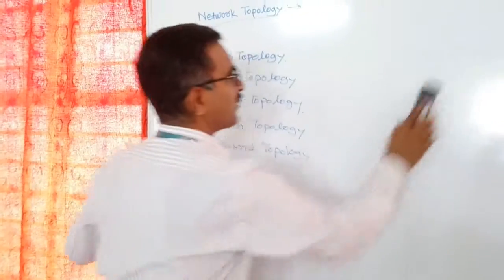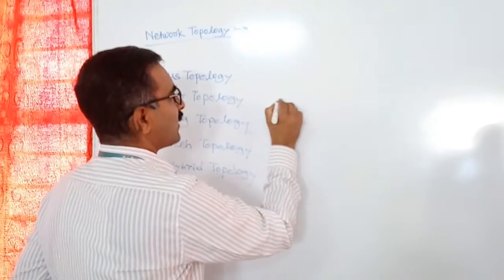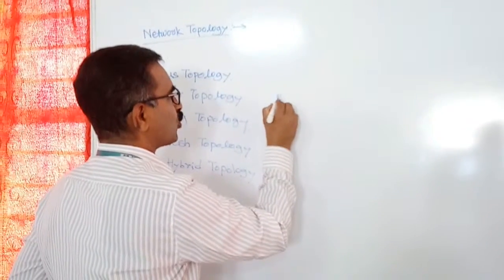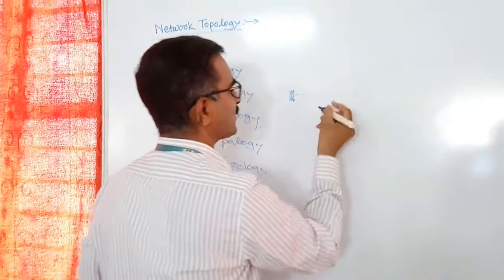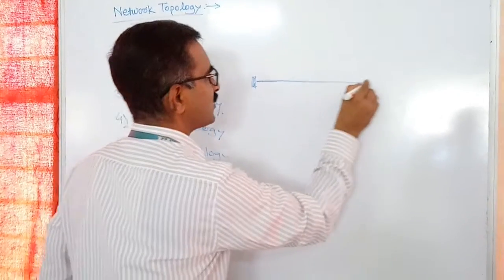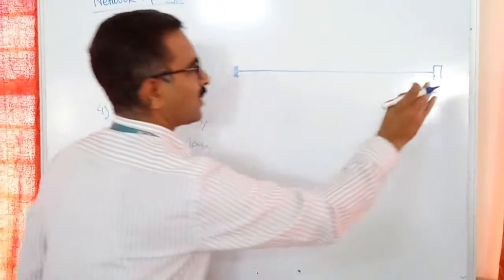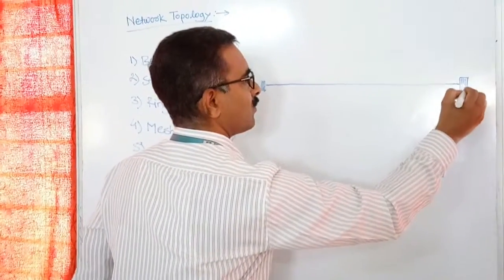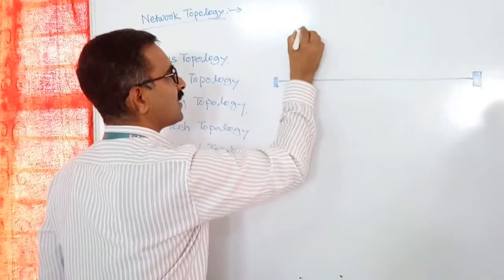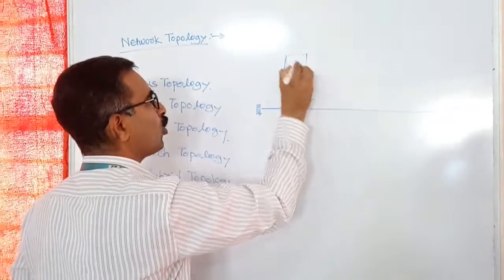So the first one is the bus topology. In this bus topology, one common cable is used to connect all the devices, which is called the backbone cable. One common cable is used here, and it has end connectors which are called terminators. Each device, you can say, is a node.